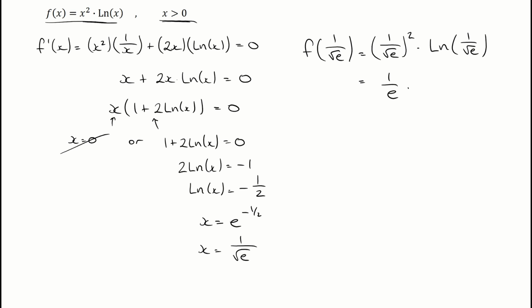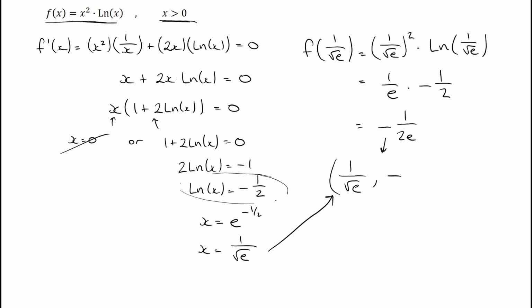And the natural log of 1 over the square root of e, well, we saw that happening down here, so that's equal to negative a half. So negative 1 over 2e. So our critical point has the coordinates 1 on root e coming from the x coordinate and the y coordinate negative 1 over 2e. So that there is a critical point.